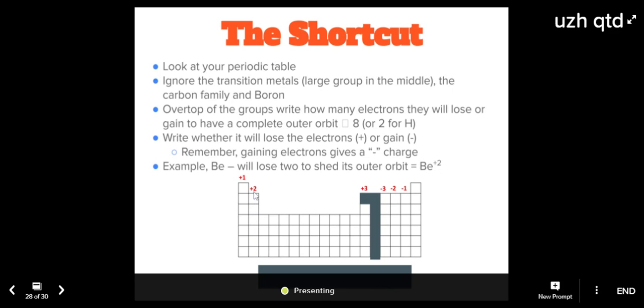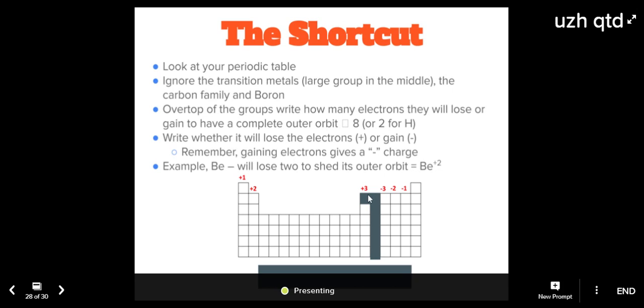They're going to lose those 2 valence electrons. We're going to jump right over the transition metals and hop into group 13. They'll all lose 3 valence electrons because that's how many they have in their outer shell. We're going to jump over group 14 for now.